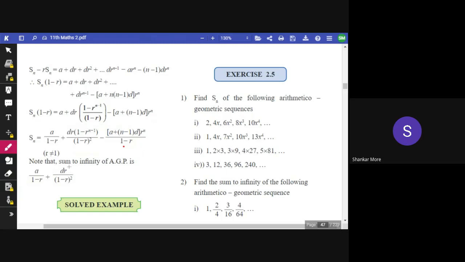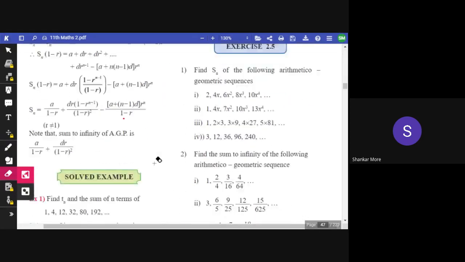Note that the sum to infinity of AGP is A by 1 minus R plus DR divided by (1 minus R) whole square. So this is for the sum to infinity of AGP.